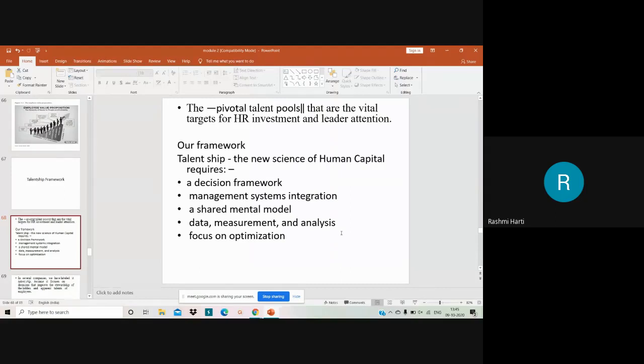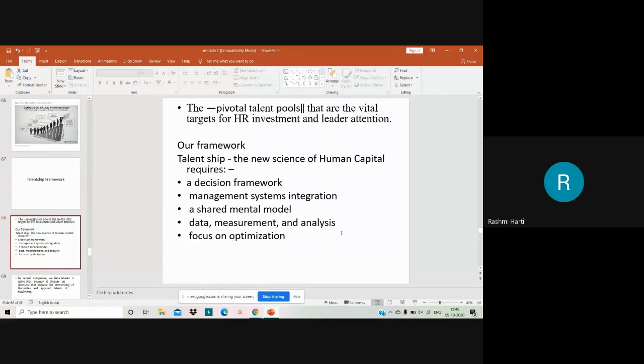So it basically focuses on the optimization. Talentship is nothing but, as I said, a decision framework. Till now, whatever frameworks we are seeing, students, it is nothing but a framework for decision making within the organization. So that's what we could say here.